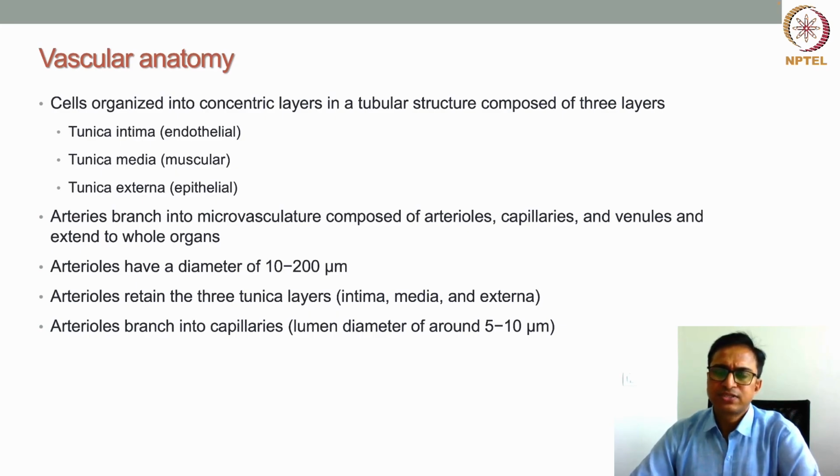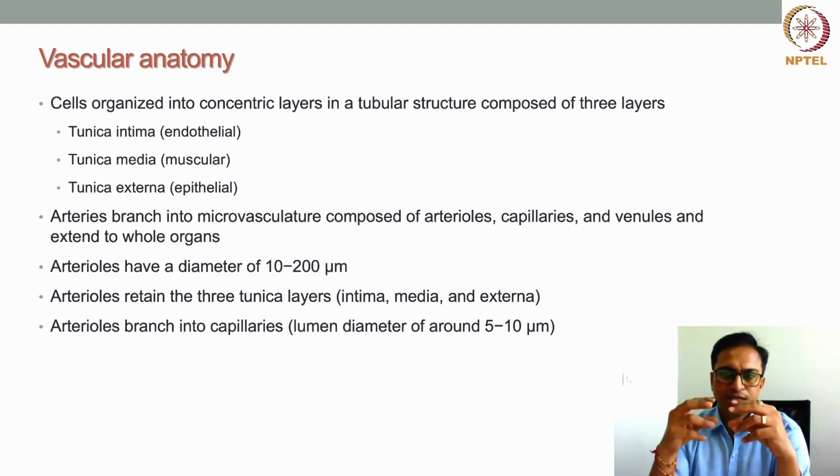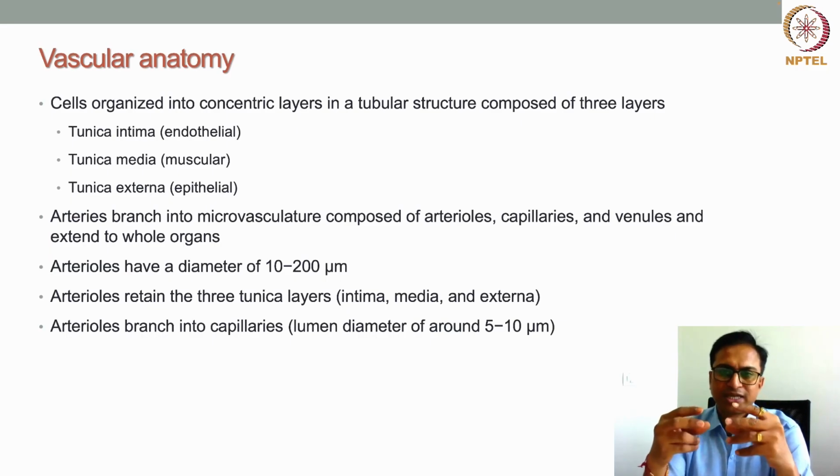The blood vessel is mainly composed of three concentric layers. This tubular structure is composed of three layers, where different cells and extracellular matrix are organized to develop that kind of tissue structure.